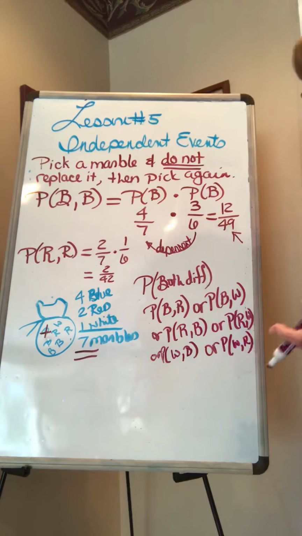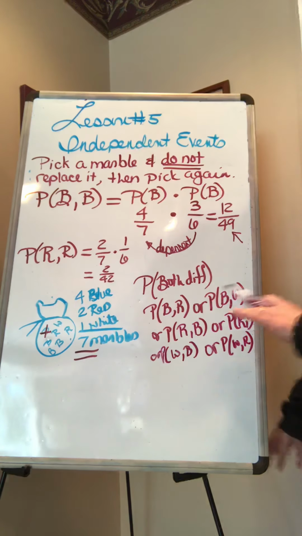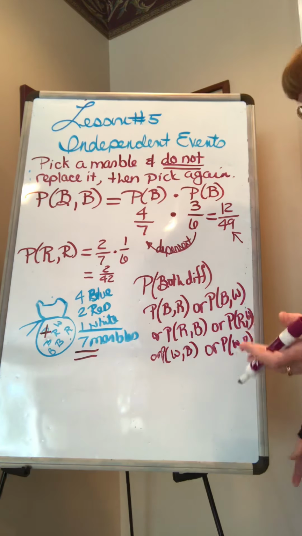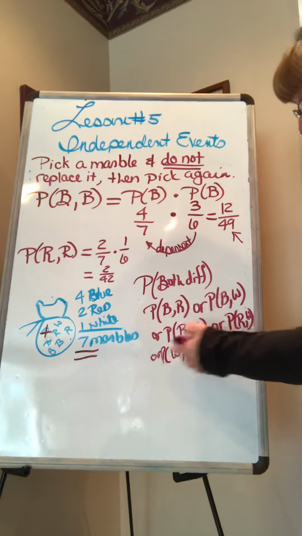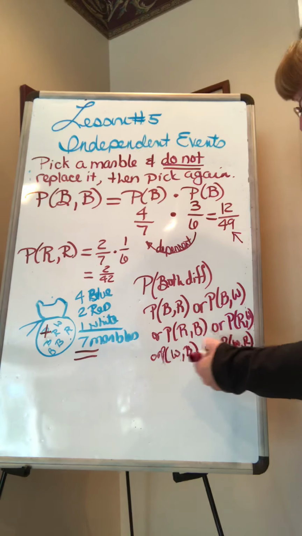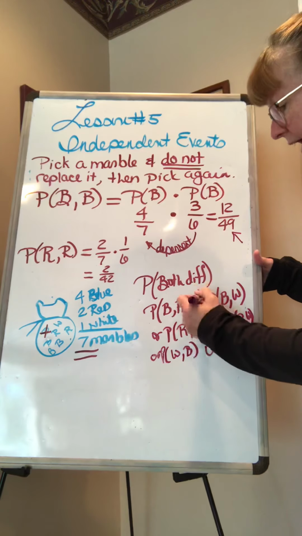Because if they're both different and I don't give you any other information, you have to think about all the ways they could be different. That's a lot of probabilities to find, multiply, and then or means add up.